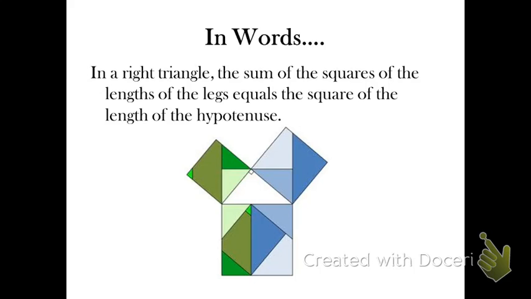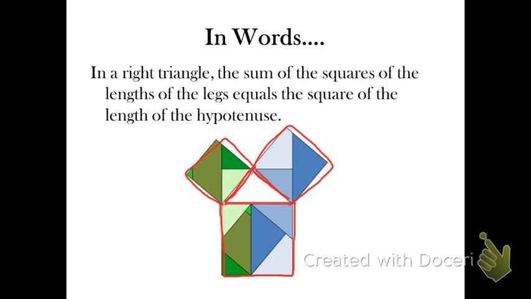So right here, that I'm highlighting with my pen, are the legs. If we square the legs, they'll have an area of these two squares. The sum of the squares of the legs should equal the square of the hypotenuse. So this biggest square represents the square of the hypotenuse.